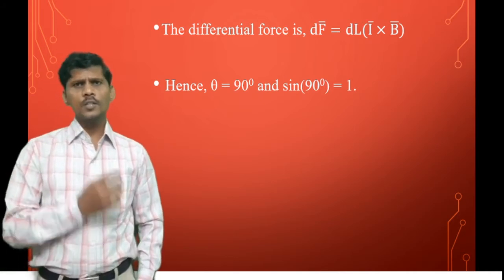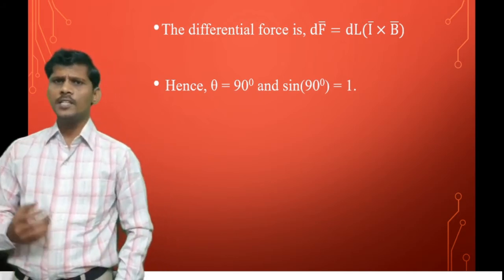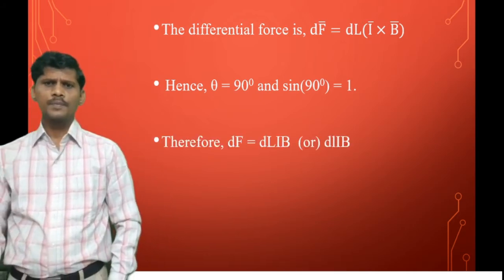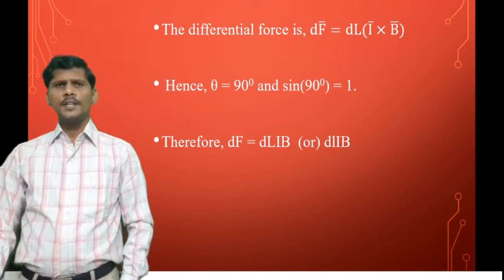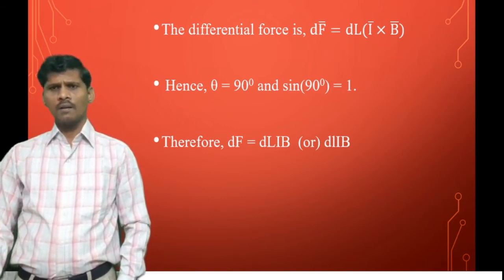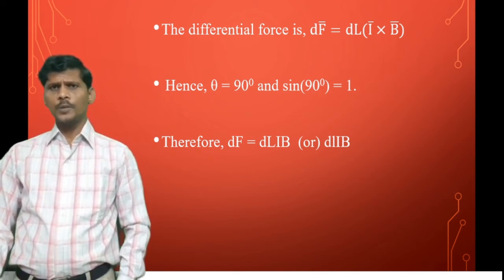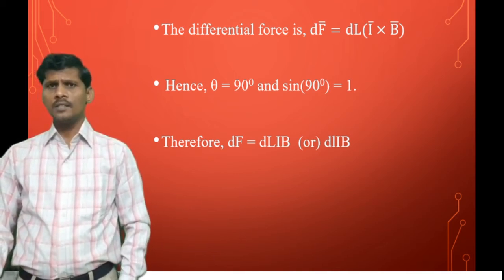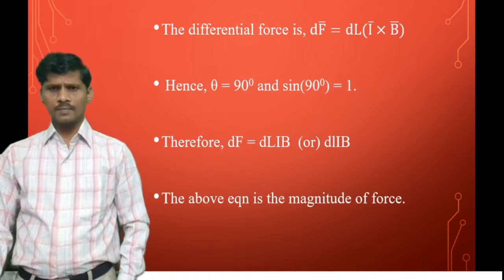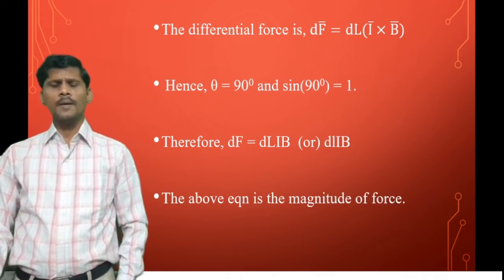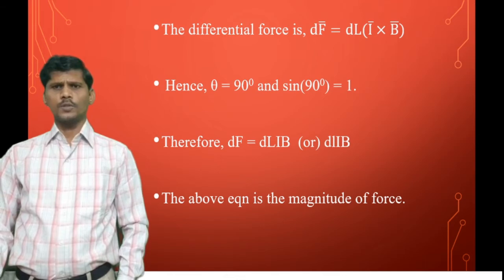Here theta is equal to 90 degrees, and sin 90 is 1. Therefore, dF is equal to B I dl, where dl is the elementary length. The above equation gives the magnitude of the force.